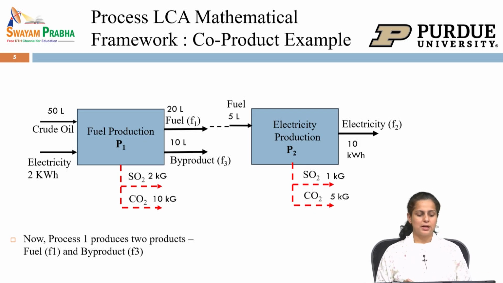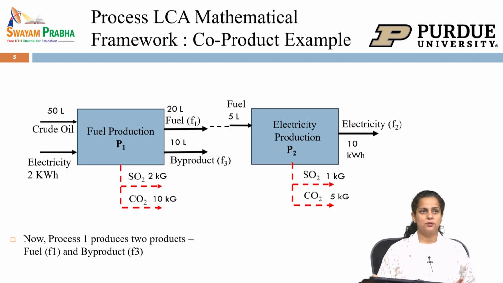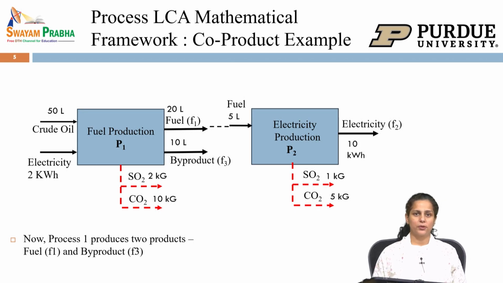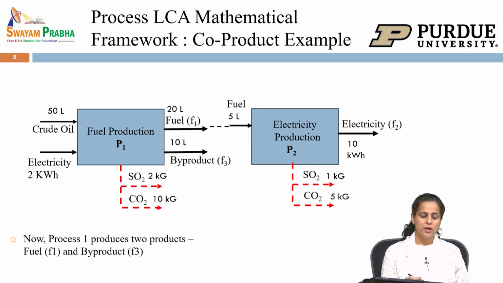So, here now we have the same processes, fuel production and electricity production, but now we have modified our unit process for fuel production with a byproduct that is also being produced along with the fuel. So, of course, what that means is that all the impact that is coming from the fuel production cannot actually be assigned to fuel, because there is some byproduct.